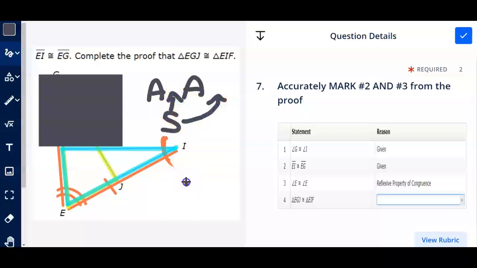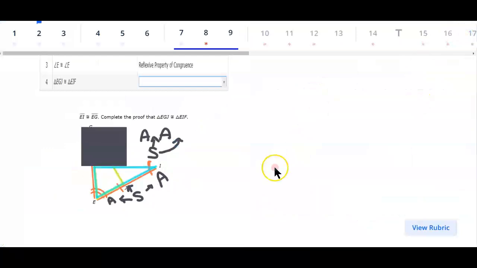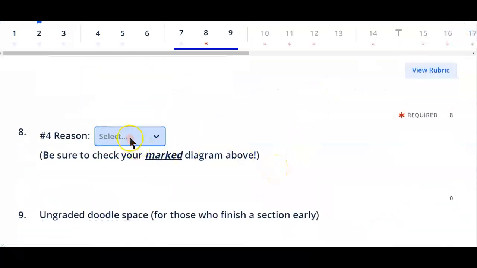It's included because here's an angle, and my side is here between them. So when I go to figure out number 4, my reason my triangles are congruent, what is my reason? Angle, side, angle. There we go.